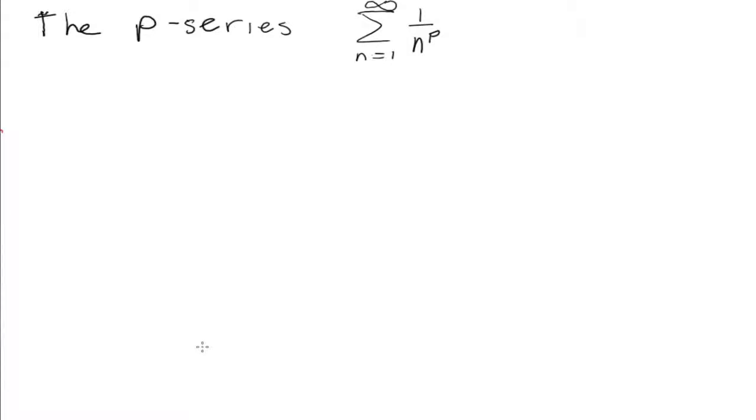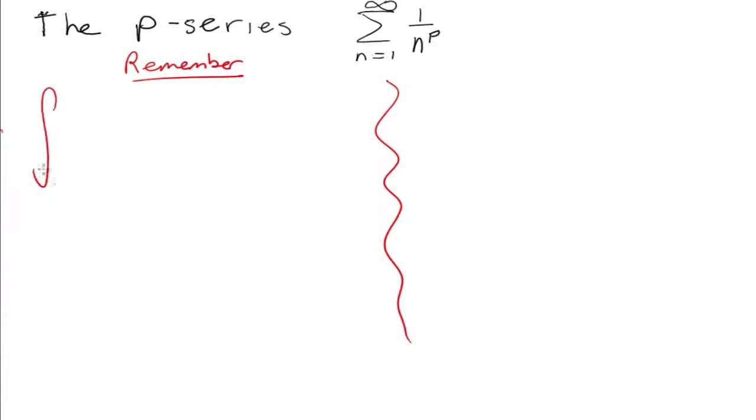Okay, do you guys recognize that? It looks a lot like the p integral, right? So you guys remember, we had the p integral. It looked like this: 1 over x to the p dx, right?